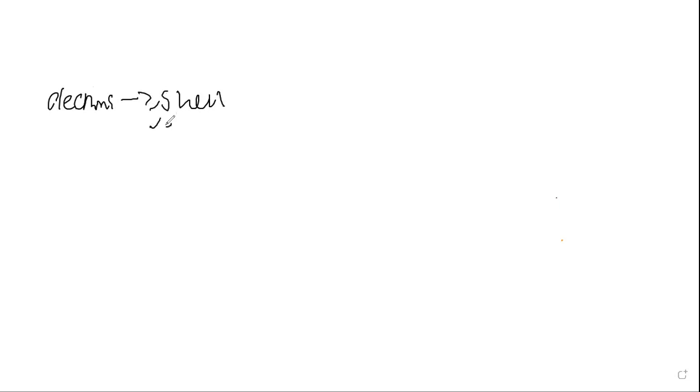They have a negative charge. Then the protons, they are found in the nucleus, and they have a positive charge.